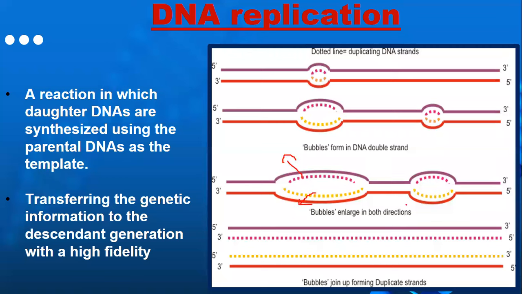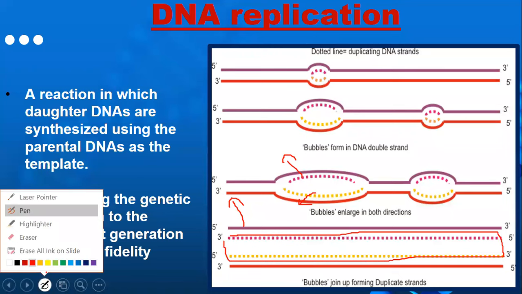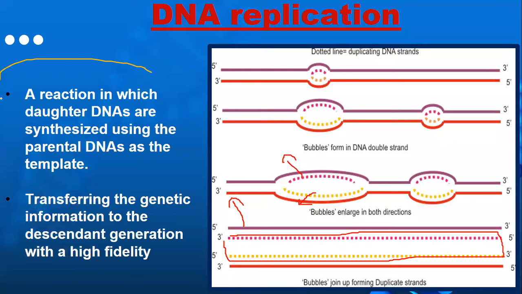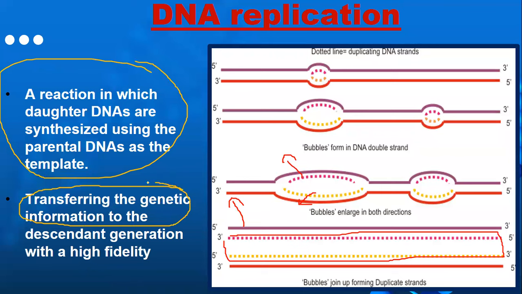So now, how can I give the biological definition? DNA replication is a process in which daughter DNAs are synthesized by using parental DNA as the template. That's a simple definition. So now you can ask me, what is the ultimate goal of DNA replication? The ultimate goal is we have to transfer the genetic information to the descendant generation.